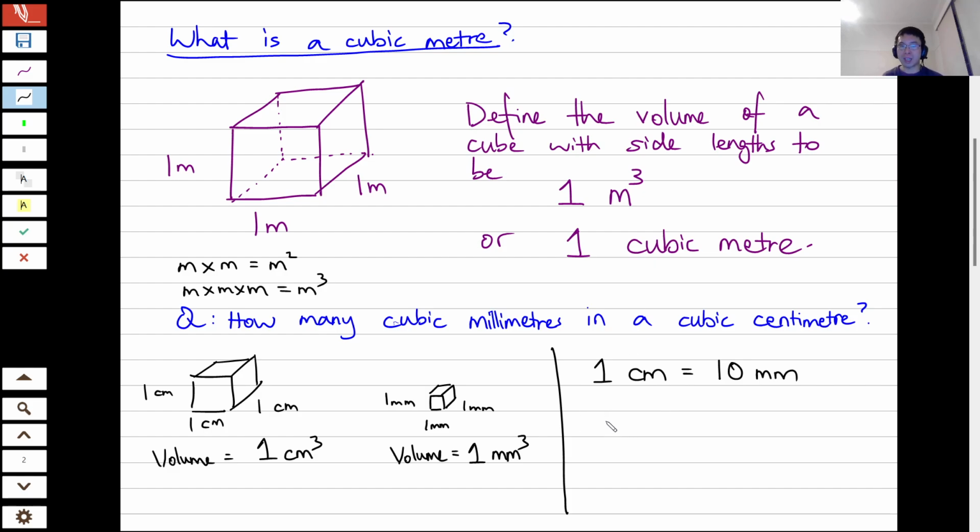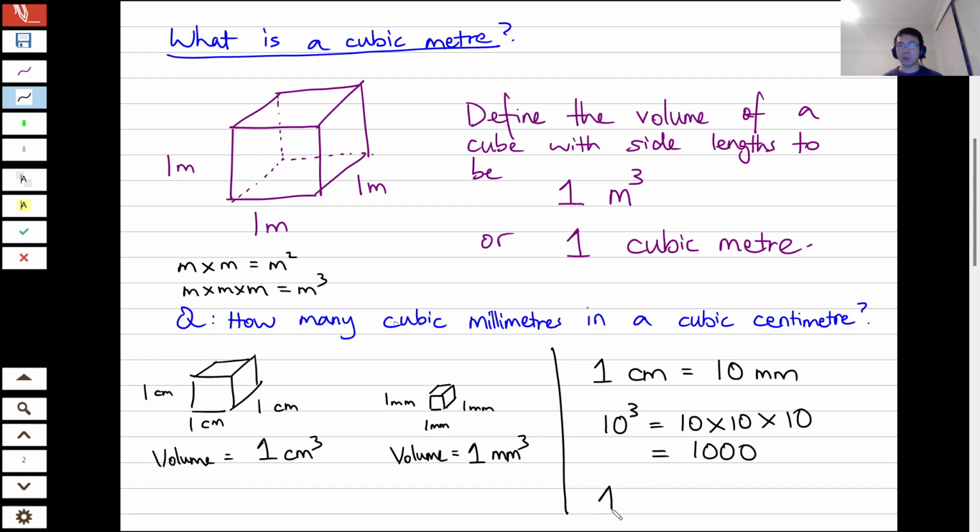So what I'm going to get is 10 cubed, or 10 times 10 times 10. So you can imagine I have a row of 100 along the bottom, and then I have 10 rows going up, giving me a total of 1,000 tiny cubes inside the big cube.